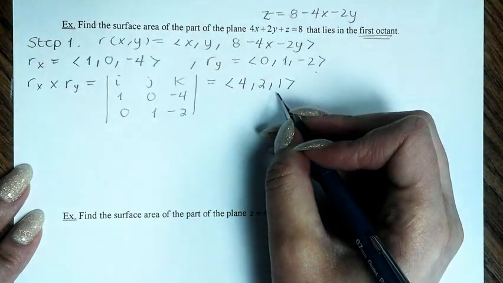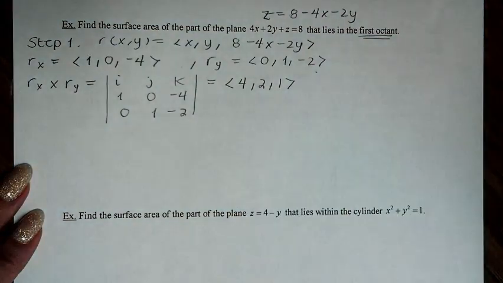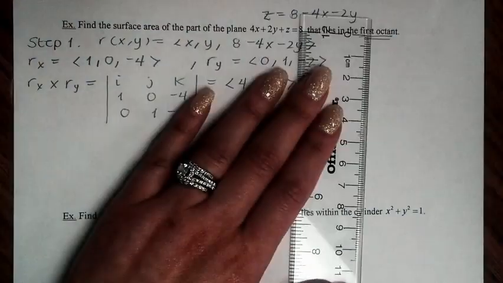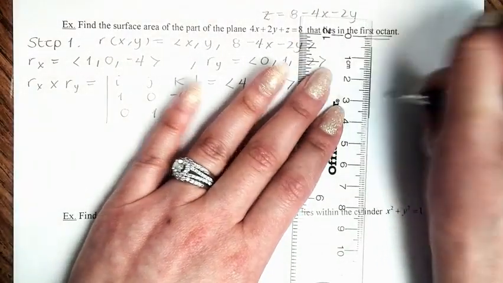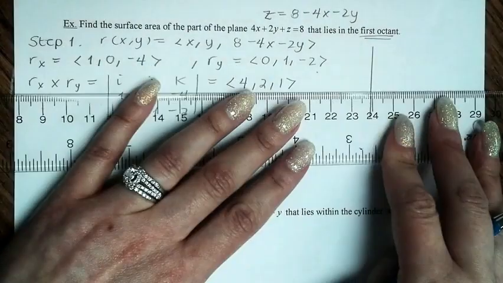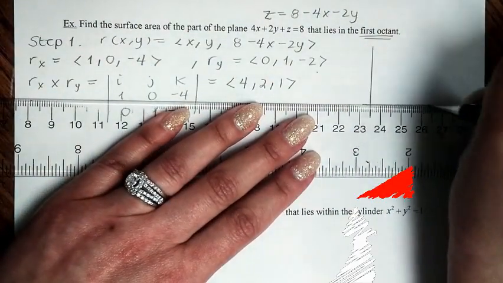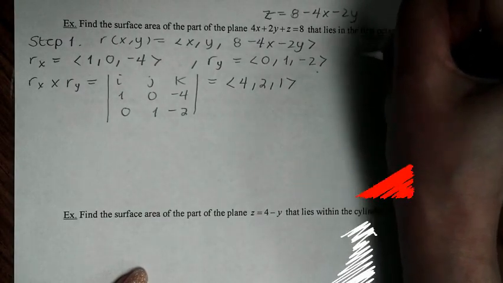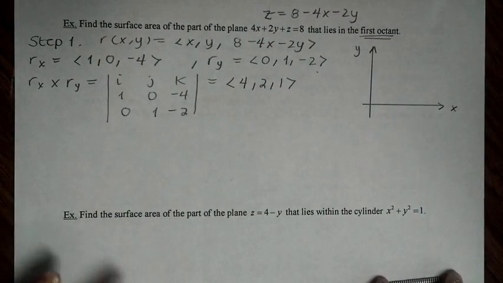Now let's look at the graph. Since we're talking about the first octant, in 2D we're talking about quadrant 1. This is x and this is y, because we're working with x and y in this situation.